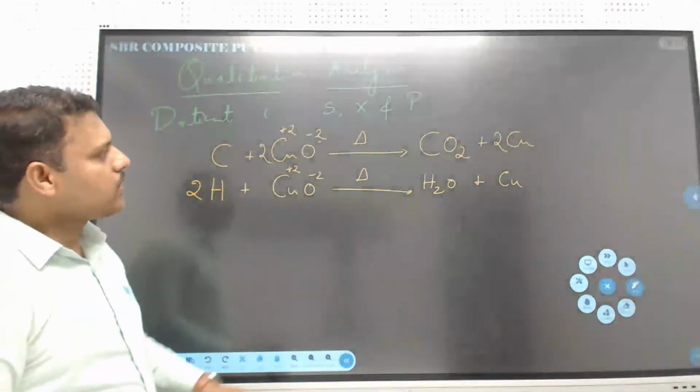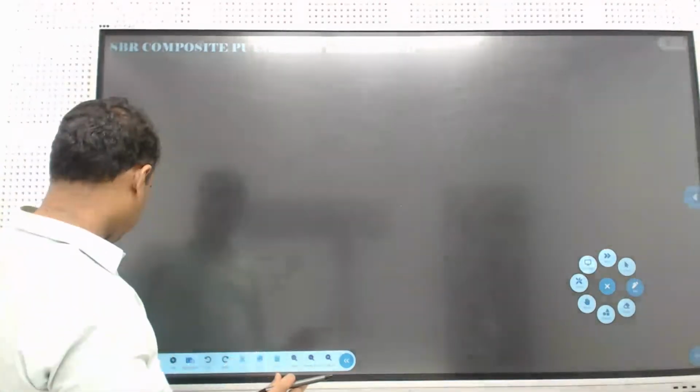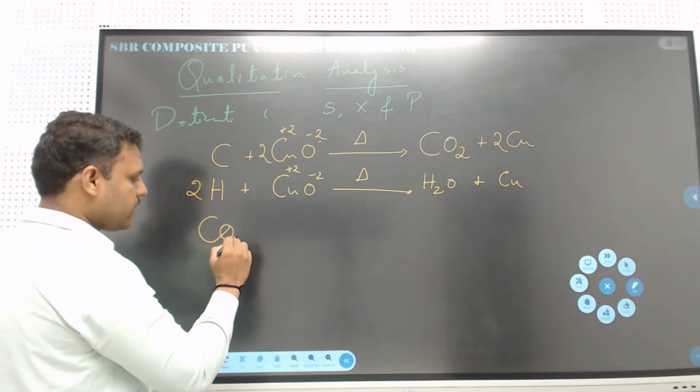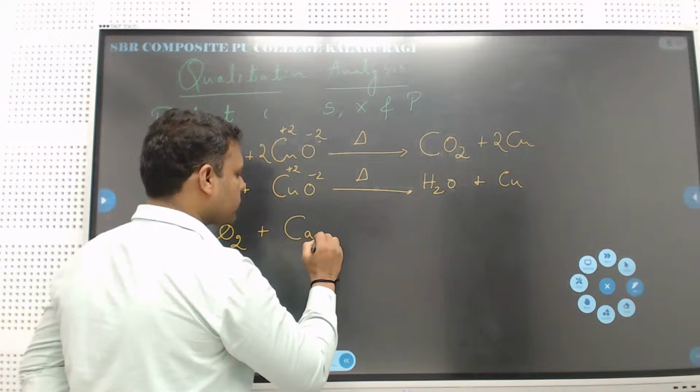Now the carbon dioxide formed is treated with lime water.